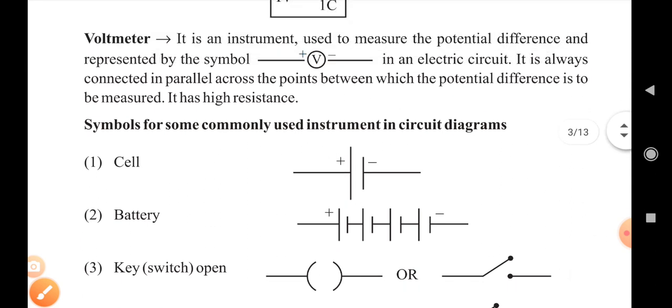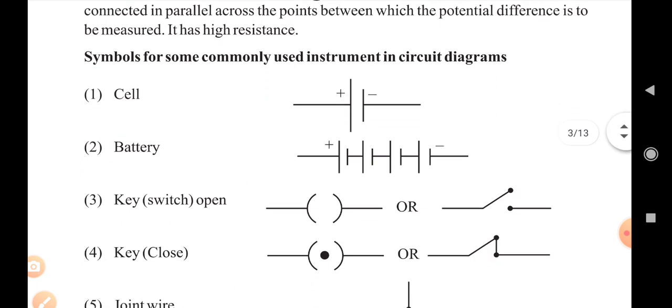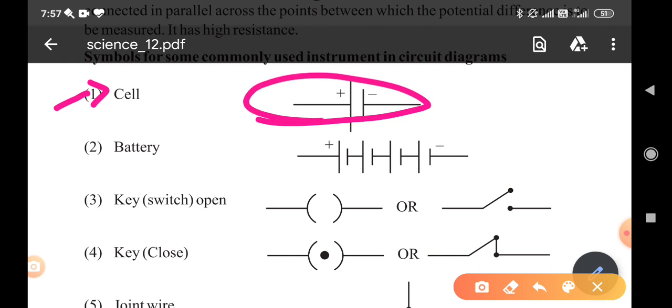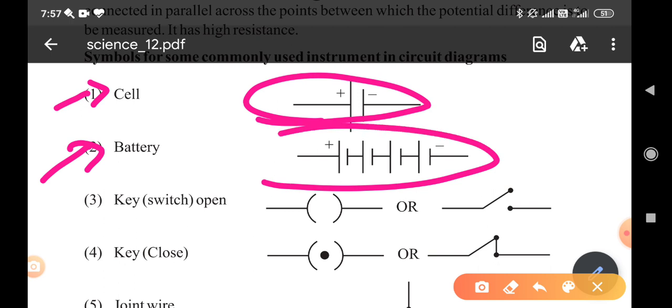Now let us come to know the symbols for some commonly used instruments in electric circuits or diagrams. First, a cell is represented by the terminals positive and negative. Battery is the connection of 2 or more cells. Key, drawn either in braces or this way.